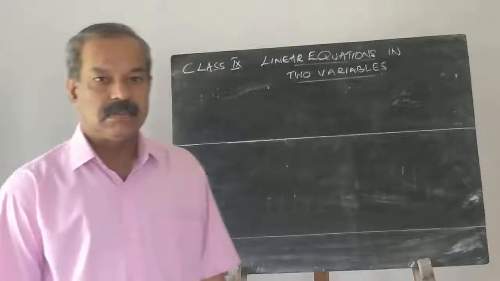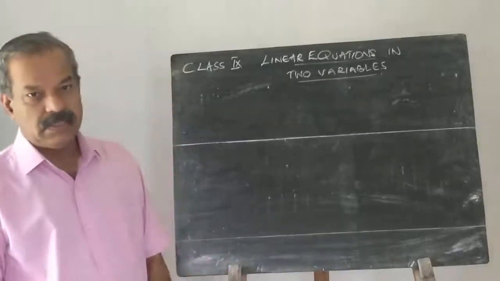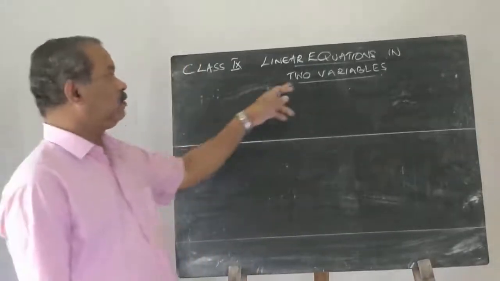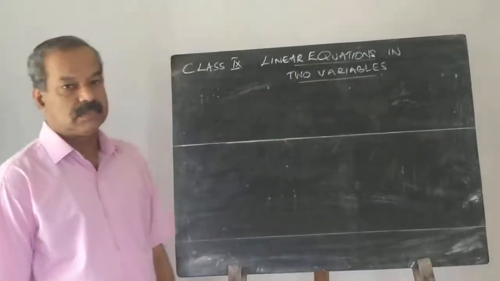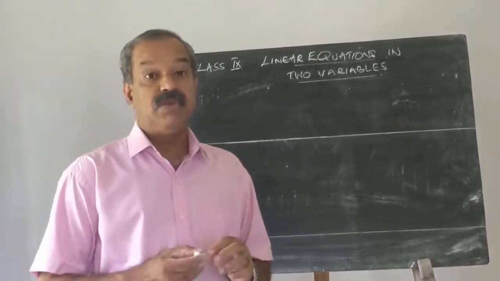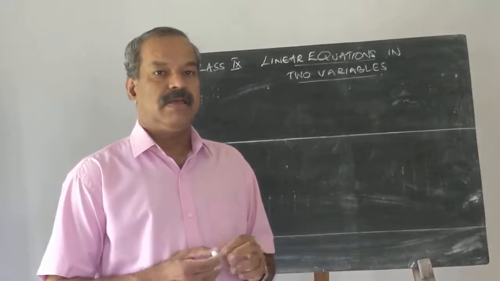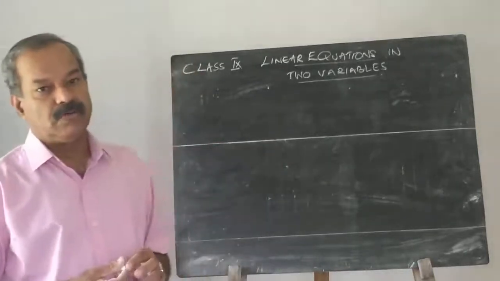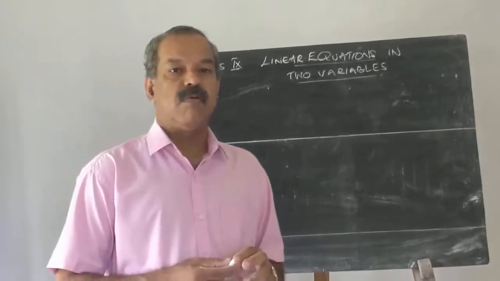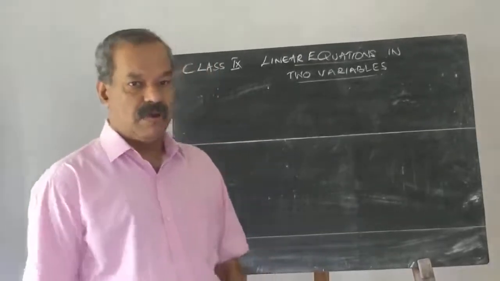Dear children, now we can study a new lesson, fourth lesson, linear equations in two variables. You know what a linear equation in one variable is and also know how to solve it. Also we know the standard form of the linear equation in one variable.